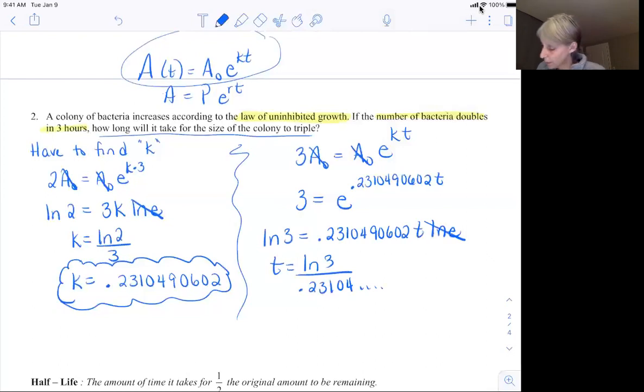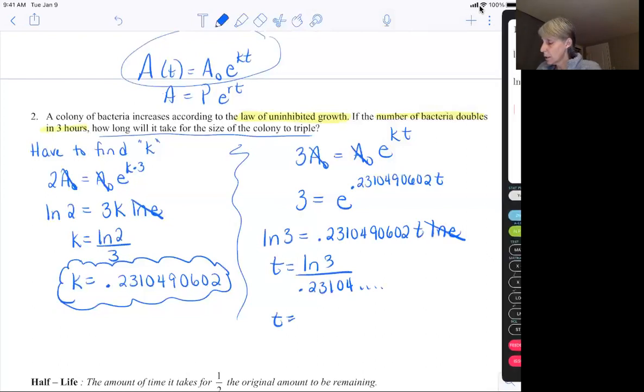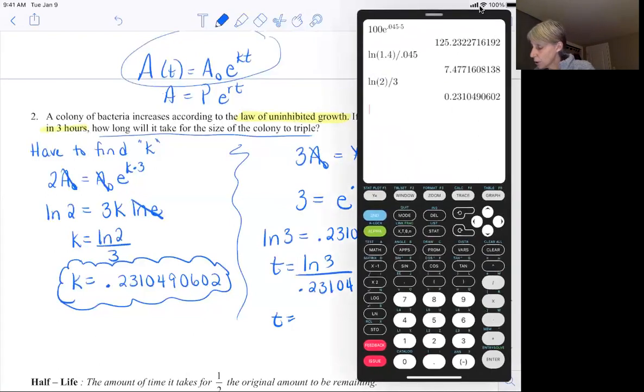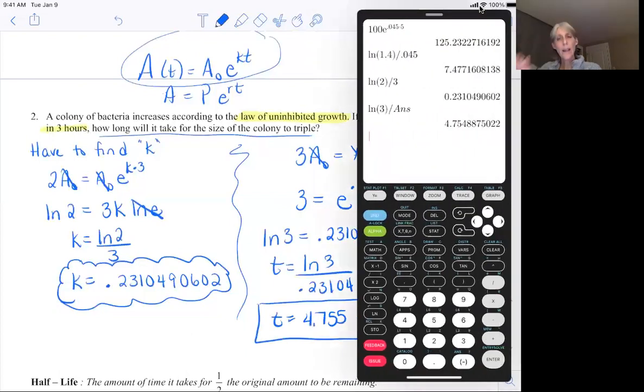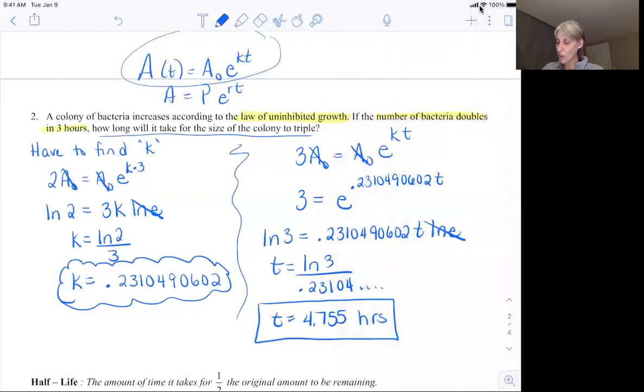So I have t is going to equal ln of 3 divided by, and I'm just going to pull in my answer from the step above, and I get 4.755 hours. Okay, so notice once that whole decimal's in the calculator, you can pull it in. That's why it shouldn't be so annoying.